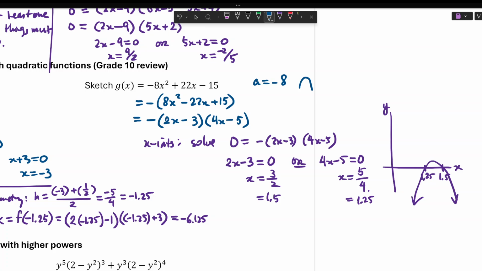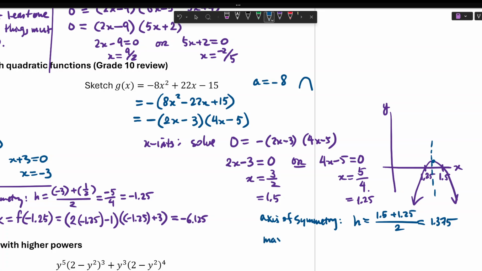If you want the vertex, now that we have the zeros, we know, again, it's right in the middle, axis of symmetry. So we're going to average these two values. We're going to get 1.375 for the h value.